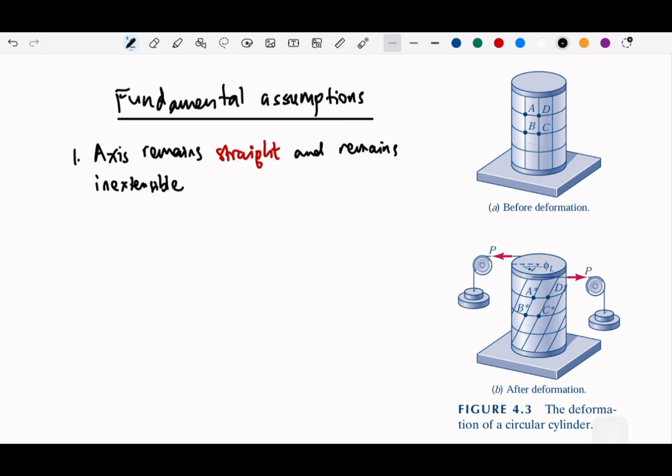So the length is not going to be extended.